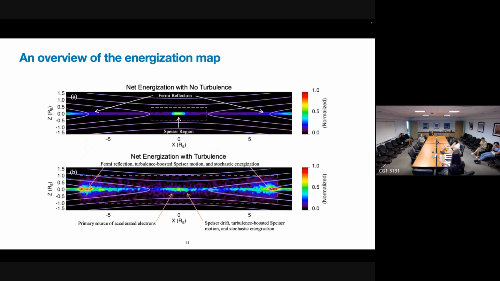Because remember, Fermi is also responsible for the parallel energization, right? And we do see the lower energy particles have a higher parallel velocity. And the center part, which looks less important, actually contributes to what we call the accelerated electrons, the part of the distribution in the accelerated tail, the energetic particles.